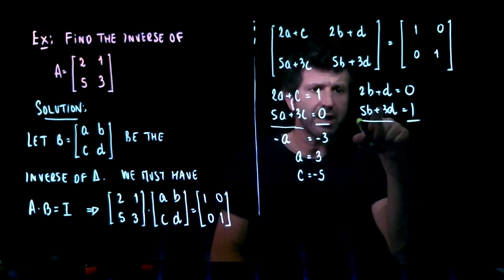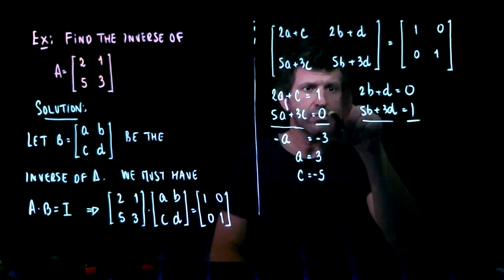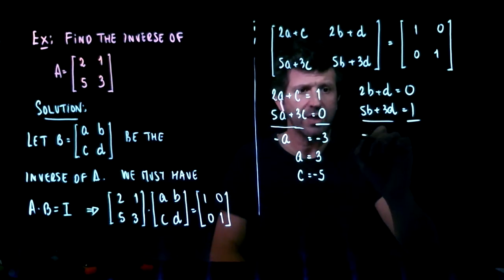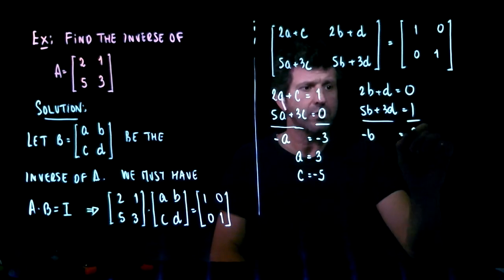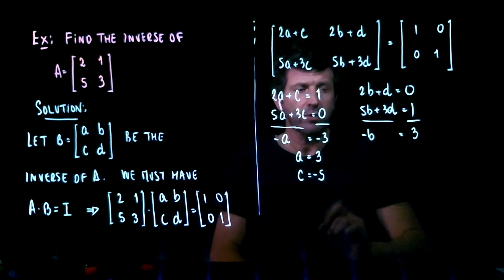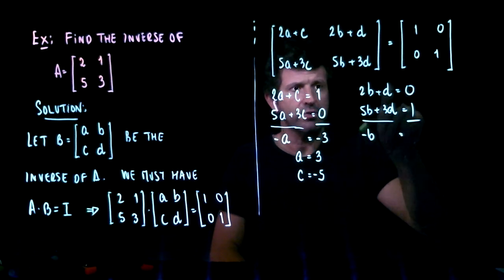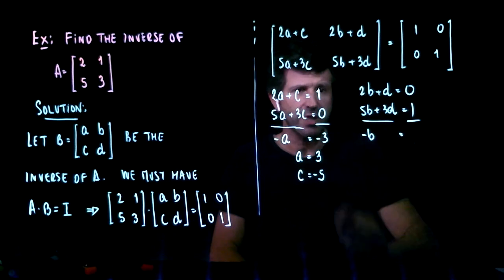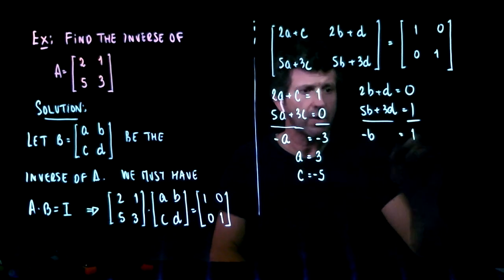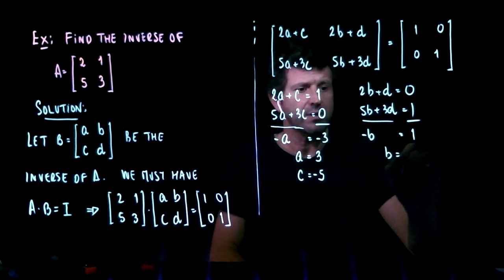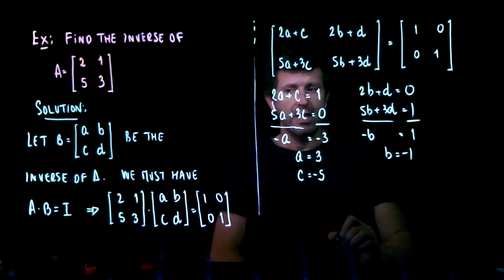And here, same idea. I will do equation 2 minus 3 times equation 1. I will get negative b plus 0d equals, sorry, 1. This minus 3 times that, so I get still 1. And so b is equal to negative 1.